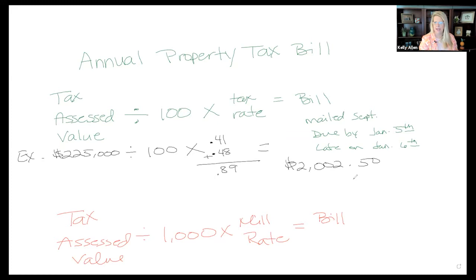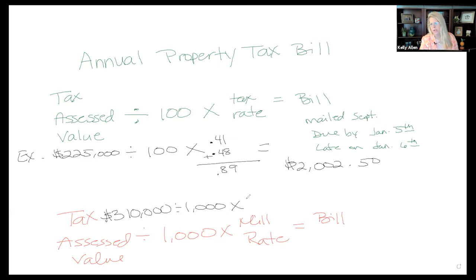Okay. Nice. Let's go down here and do one regarding a mill rate. So let's do 310,000 divided by 1,000, because they are taxed a certain amount per $1,000 of value.